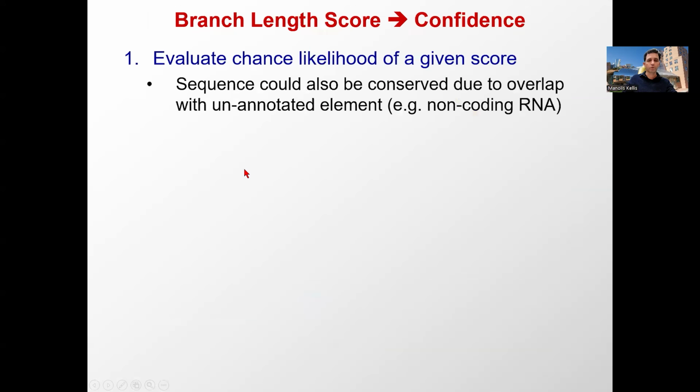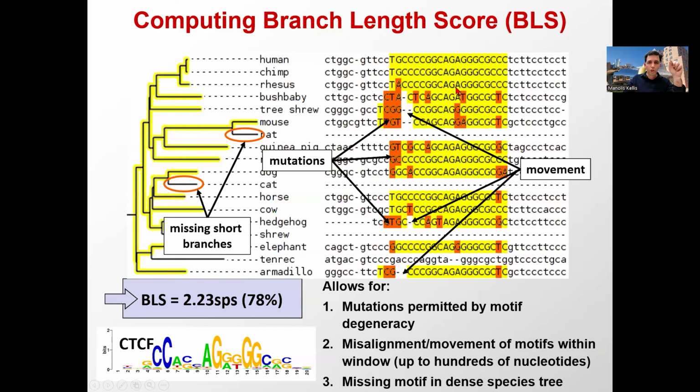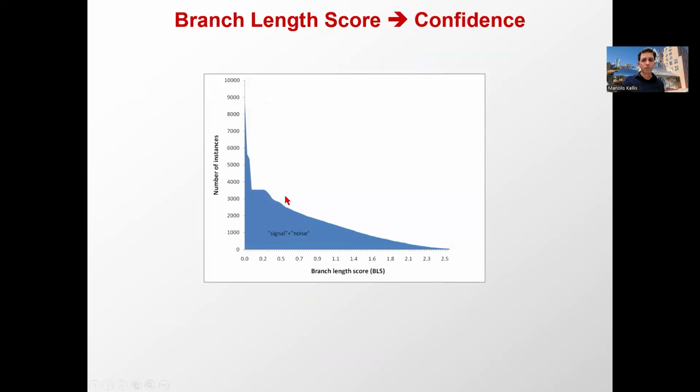So we don't care about short branches. So one way to do that is to basically search every sequence independently and then ask over what total phylogenetic breadth or length or depth has this motif been conserved. Okay. And that gives us some distribution of branch length scores.